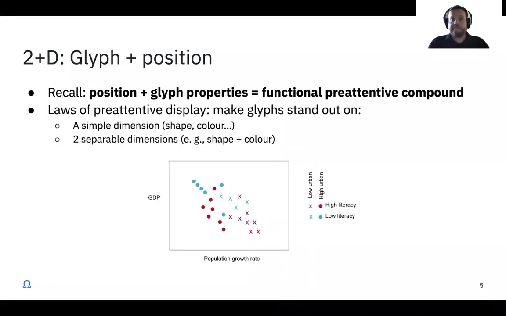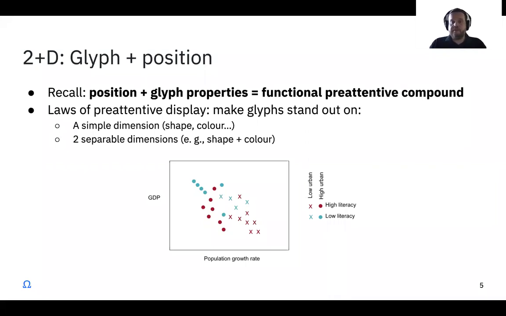We have also been over encoding multiple dimensions into different visual artifacts or visual dimensions within your visualization. If we recall the laws of pre-attentive display, if we combine position of the glyph with simple glyph properties, then we have a functional pre-attentive compound. So we have a plot or a set of glyphs that stand out on dimensions that we want them to stand out pre-attentively, so naturally to our eyes.